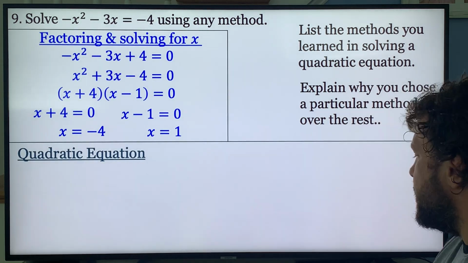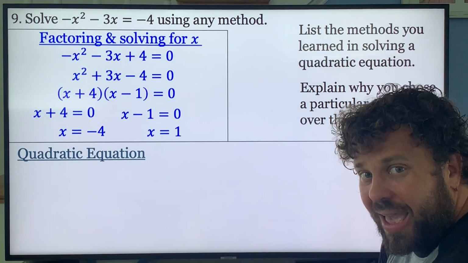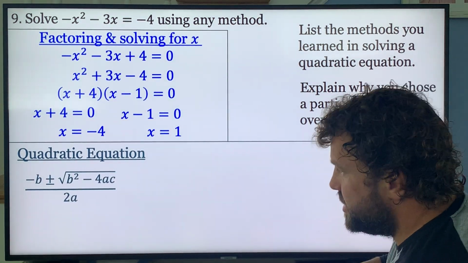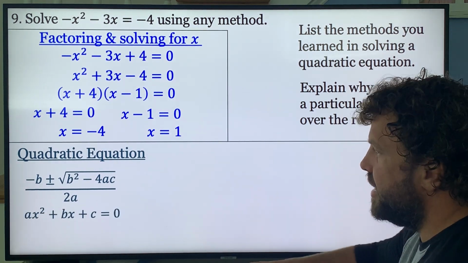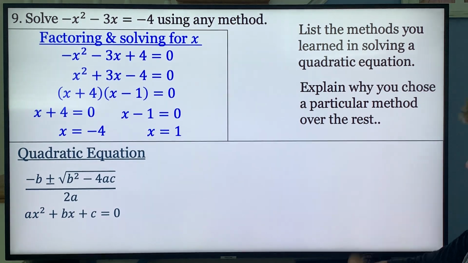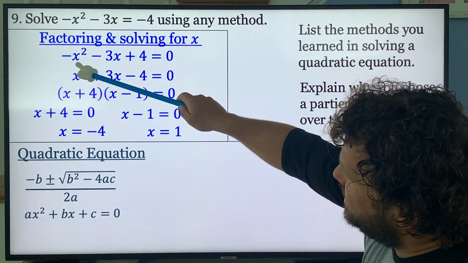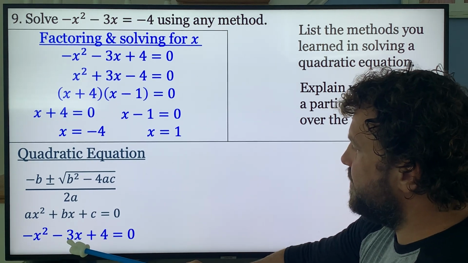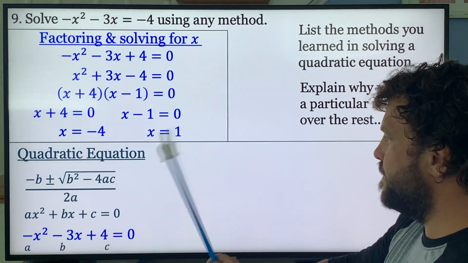I can also use the quadratic formula. How do I use it? x equals negative b plus or minus the square root of b squared minus 4ac, all over 2a. And as I said before, ax squared plus bx plus c is the quadratic equation. So our a in this case is -1, our b is -3, and our c is 4.